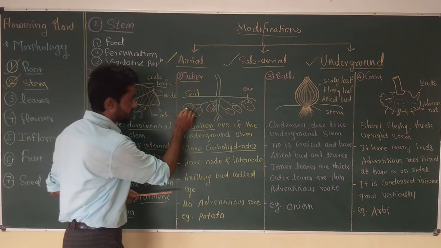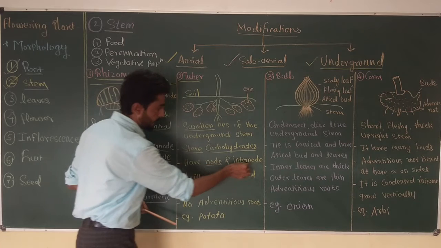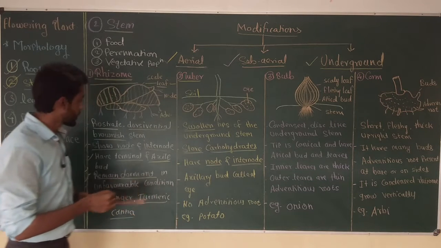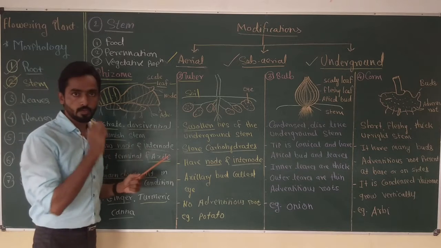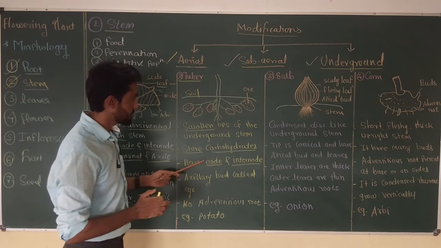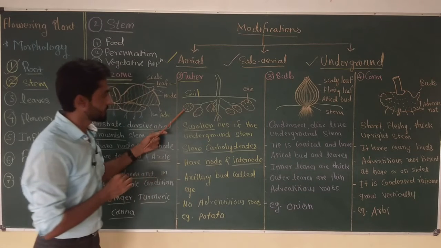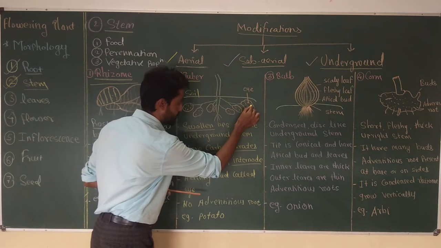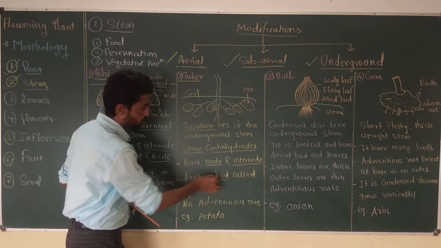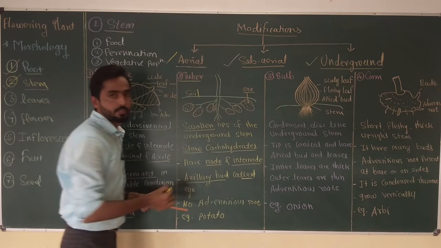Now these tubers also show nodes and internodes as in the rhizome. We know that a rhizome also shows nodes and internodes like a typical stem. In this case also you can easily observe nodes and internodes on these stem tubers, and the axillary bud called an eye is present on the node of this stem tuber.